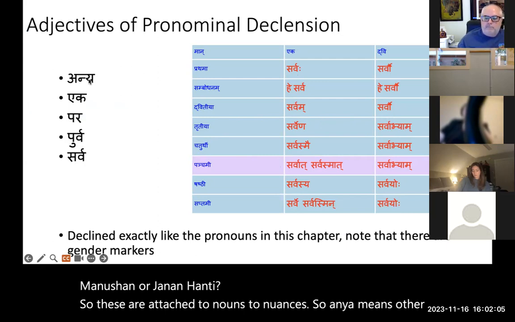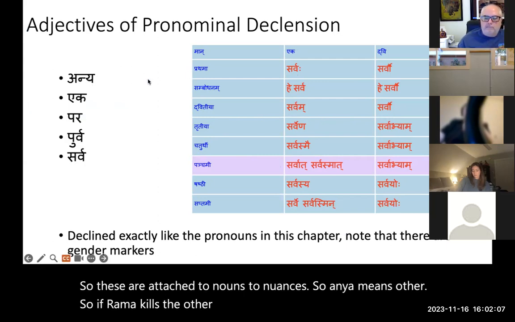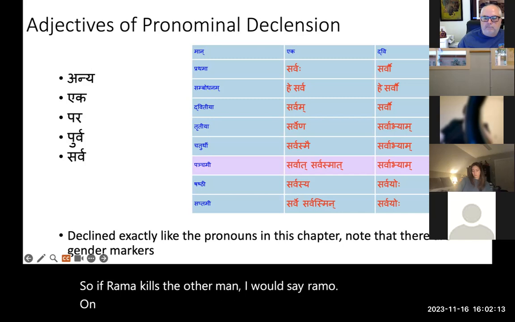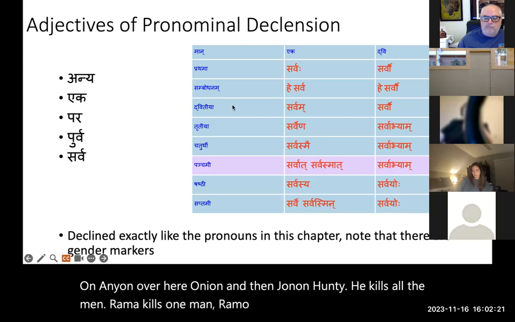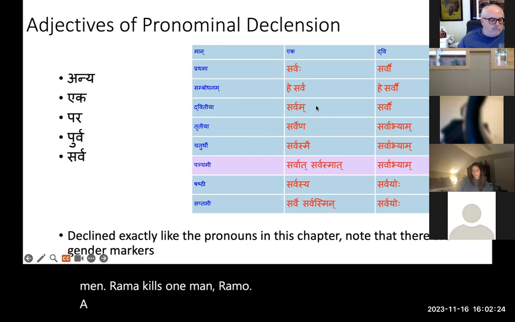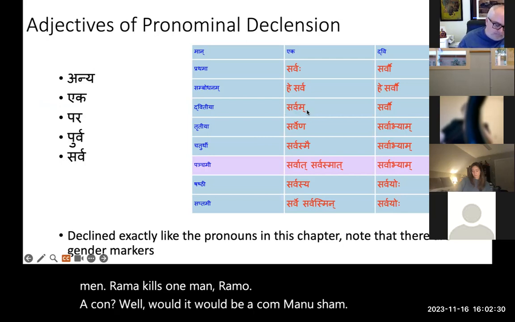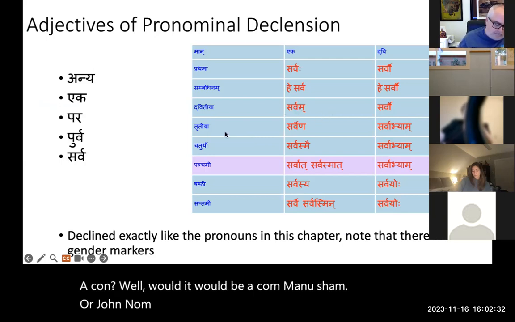So if Rama kills the other men, I would say Ramo anyan janan hanti. He kills all the men. Rama kills one man. Ramo ekan. Well, actually, it would be ekam manusham or janam hanti. So you notice that that's how it works.